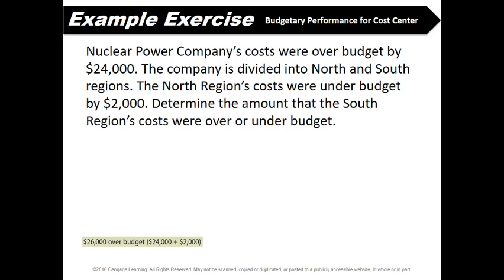We know that the total over budget was $24,000, so that is A in this particular problem. However, all of the under budget for the North region, the full $2,000, was consumed. So we add $2,000 to it to determine that the South region was over budget by $26,000.